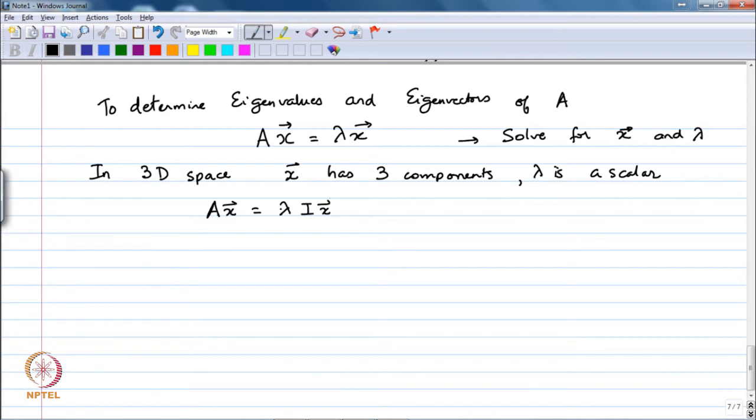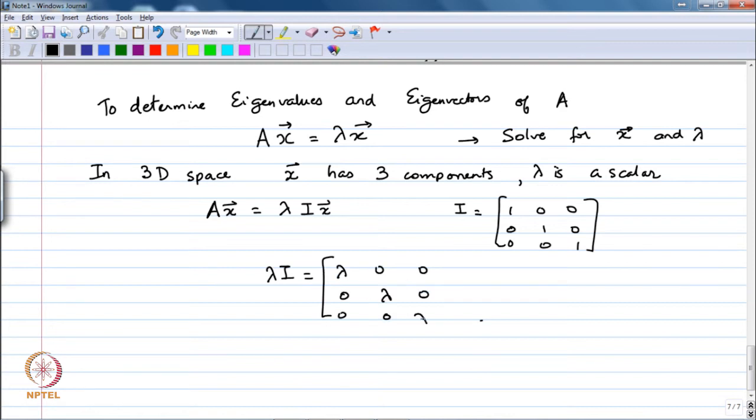I is equal to 1 0 0, 0 1 0, 0 0 1, and lambda I is nothing but lambda 0 0, 0 lambda 0, 0 0 lambda.